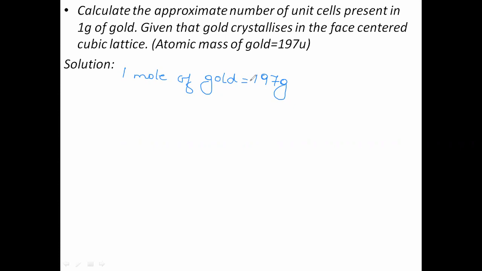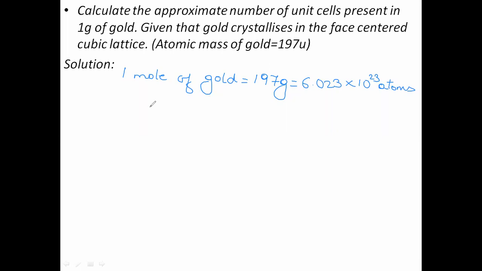So always remember that whenever we have gram atomic mass or gram molecular mass, it is equal to 1 mole. And 1 mole is equal to 6.023 into 10 to the power 23 atoms of gold. I hope everyone is okay with that, right? 1 mole is nothing but Avogadro's number.